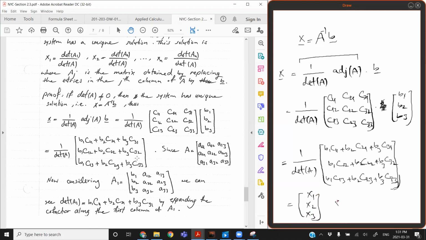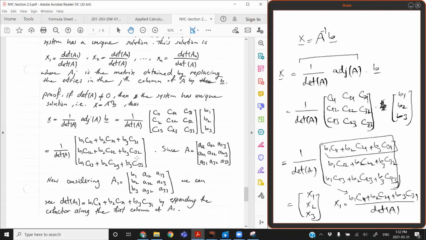So, for example, x1 is going to be this over determinant of A: B1 C11 plus B2 C21 plus B3 C31. So the only thing that's remaining to prove is that what we have here in the numerator is actually determinant of A1.